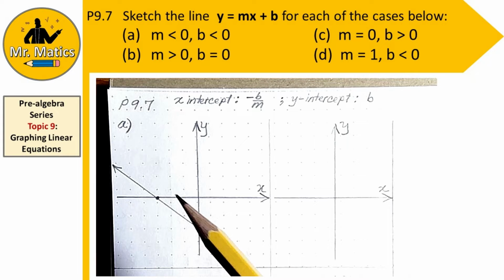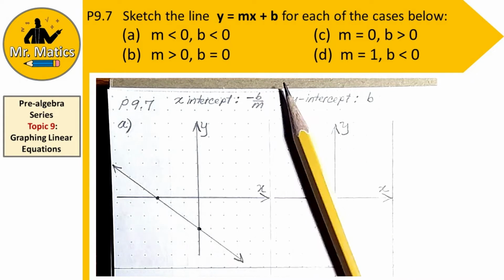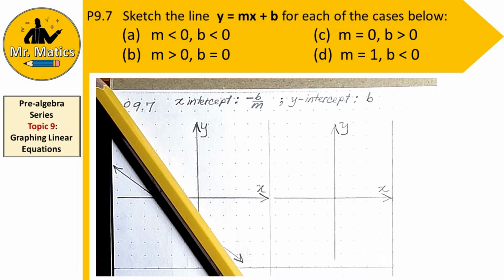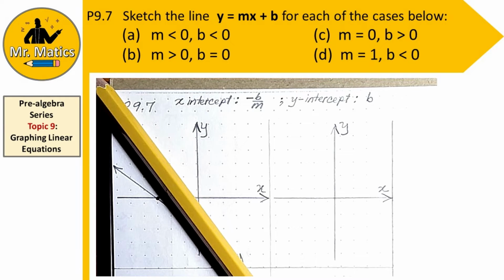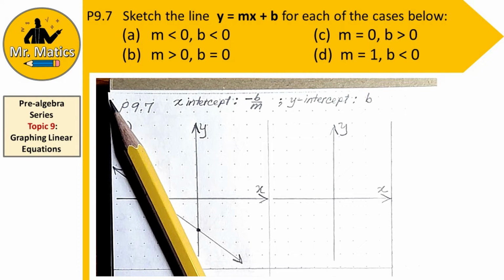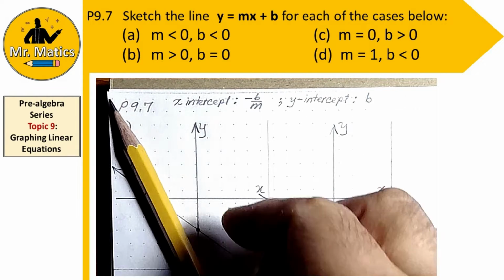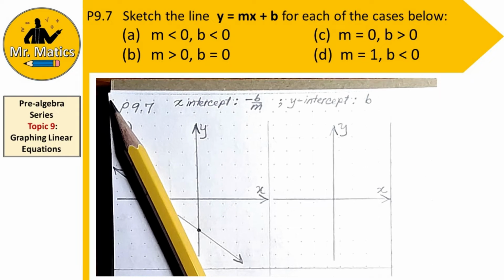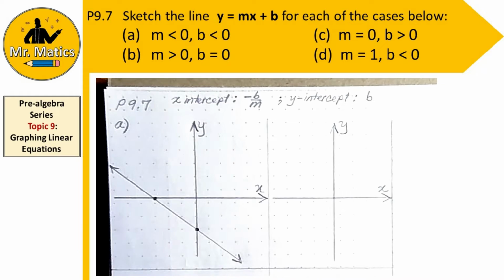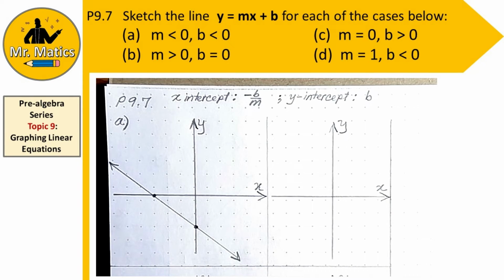Okay, so it goes in this direction, and it can be either this line or some line like this, some line very close to the origin but not crossing the origin, something like this. Any line would work as long as the y-intercept is negative and x-intercept is negative. Sorry, the y-intercept and the x-intercept, those two intercepts are negative.